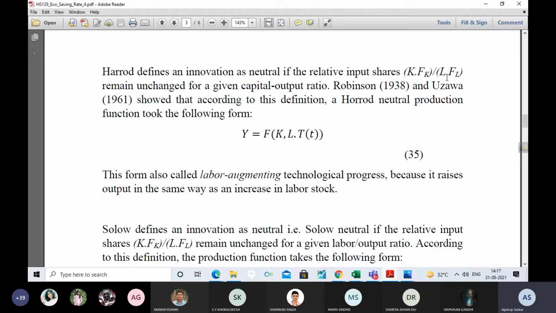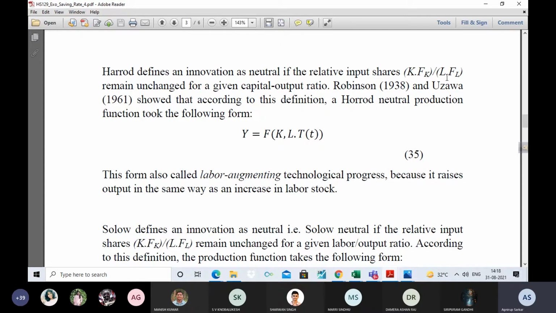Earlier, for Hicks, technology is neutral if for a given capital to labor ratio, the marginal products remain unchanged. You're taking into account the ratio of the marginal products, and figuring out whether these ratios are constant or not.